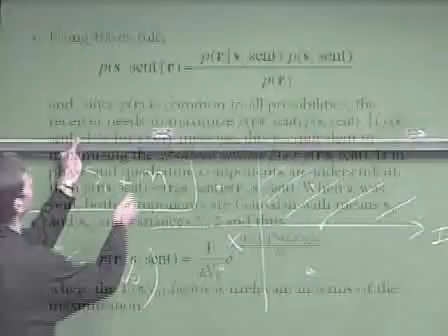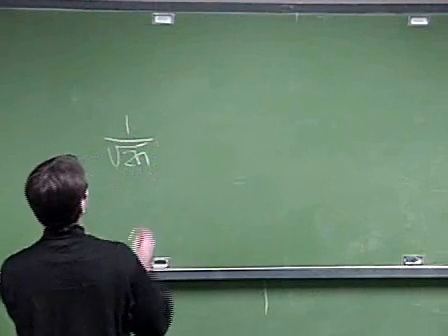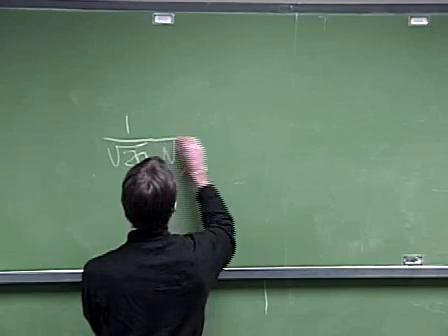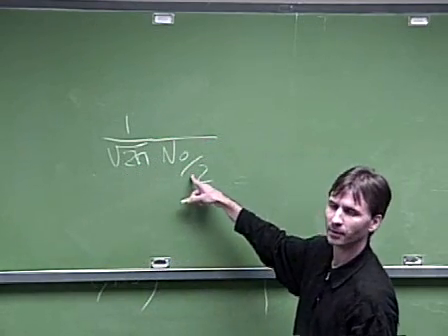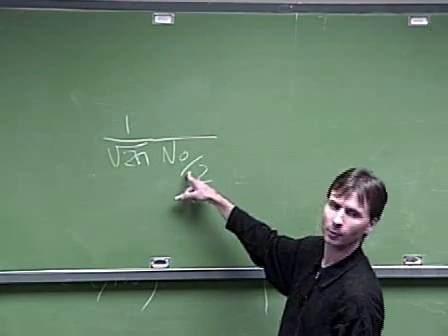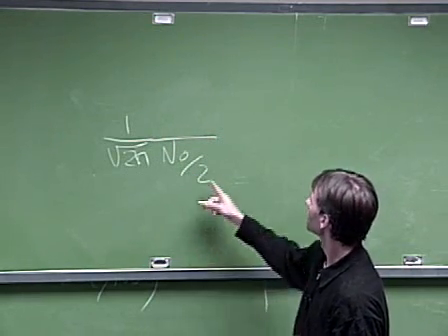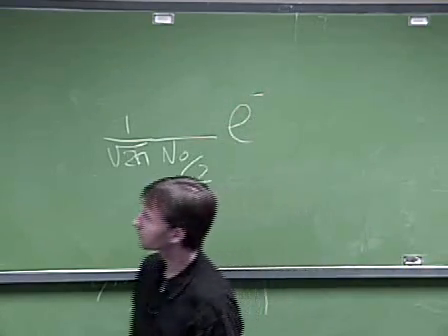For the in-phase, we have 1 over the square root of 2 pi times N0 divided by 2, since the variance is N0 divided by 2 for the in-phase and N0 divided by 2 for the quadrature phase. Times e to the minus, let me see the notation.